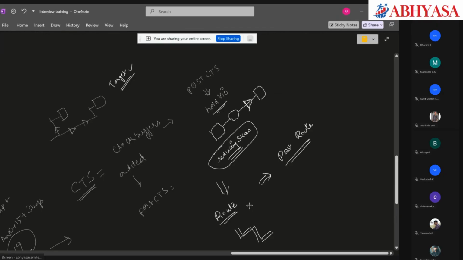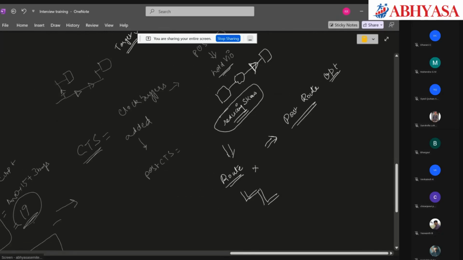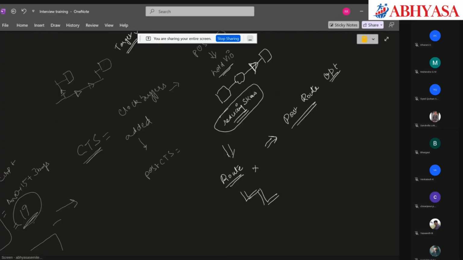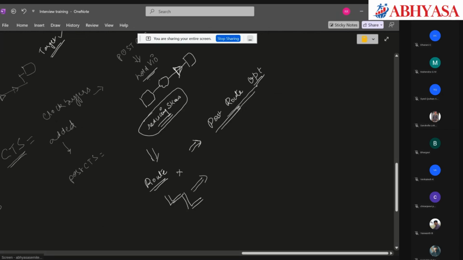At post route stage, again optimization will take place, wherein I will be fixing setup, hold, max transition, max cap, everything that is remaining. The only difference from previous optimization stages is that now I have actual RC of the nets, because my design is routed.